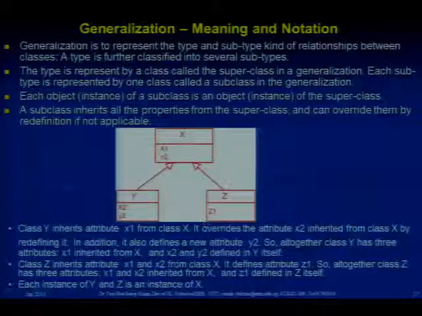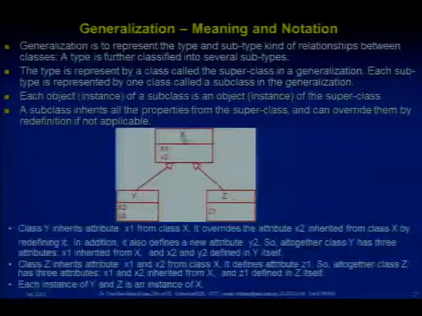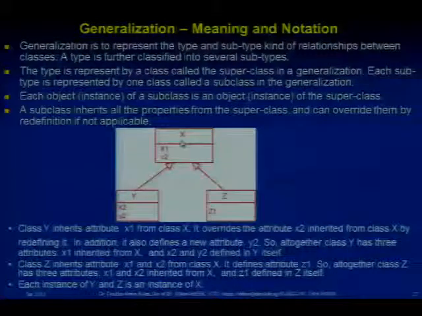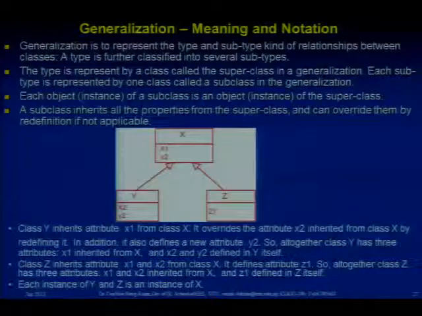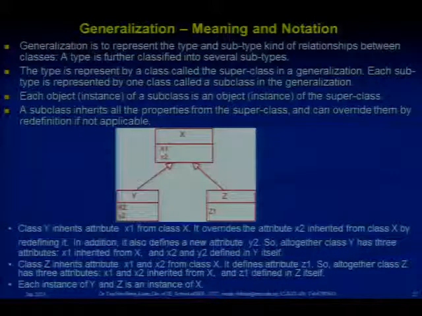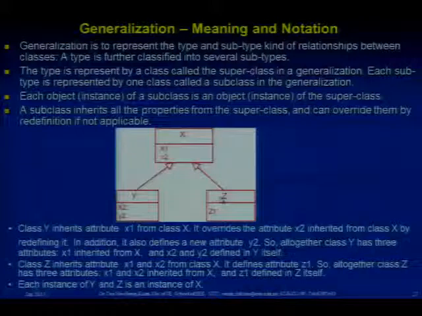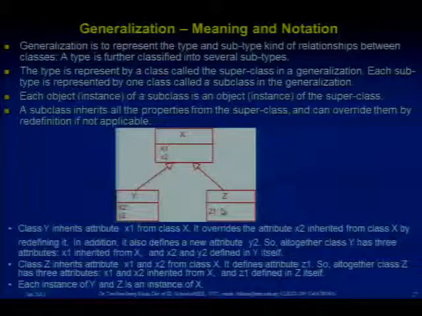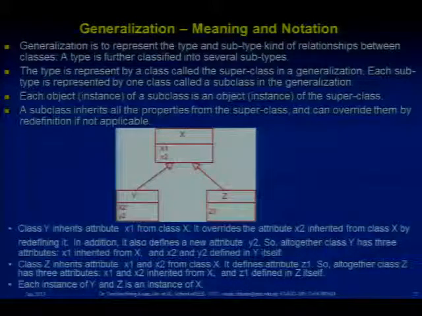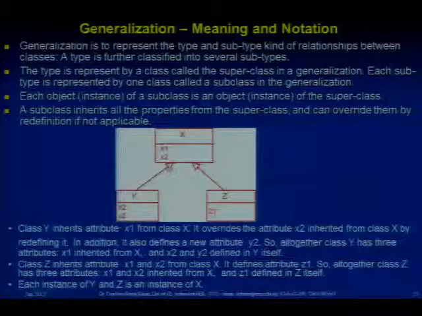Like this case, this is to represent the general type. So I define a superclass to represent the general type X, and we have two subtypes, Y and Z. Each subclass represents a subtype. And this is the notation to define generalization.